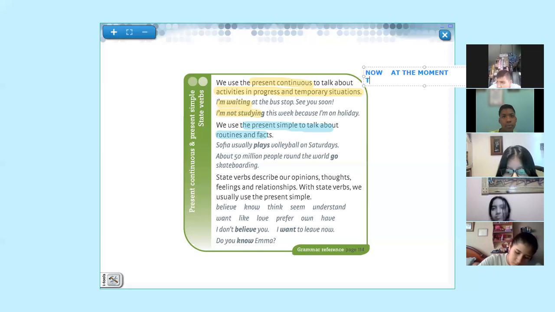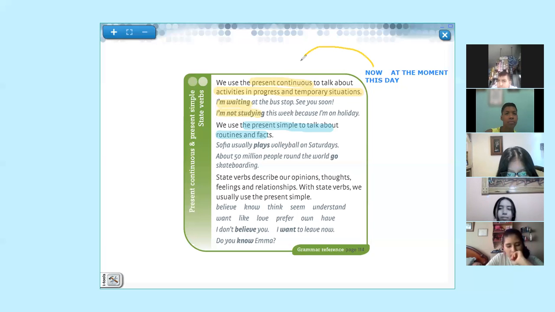This can be a little confusing sometimes because some expressions are for both present simple and continuous. Those are specifically for the present continuous. Remember, only temporary situations, okay?